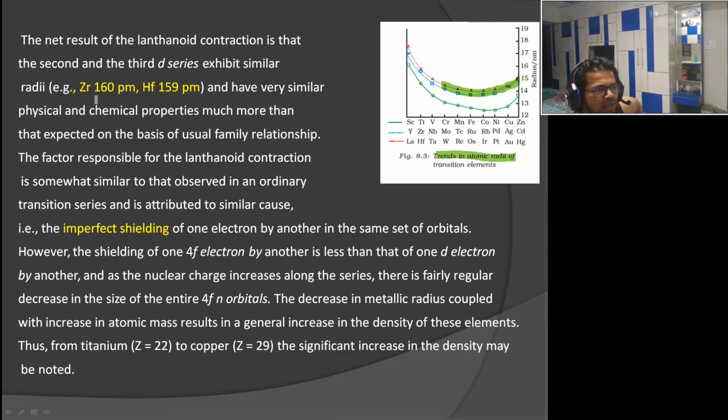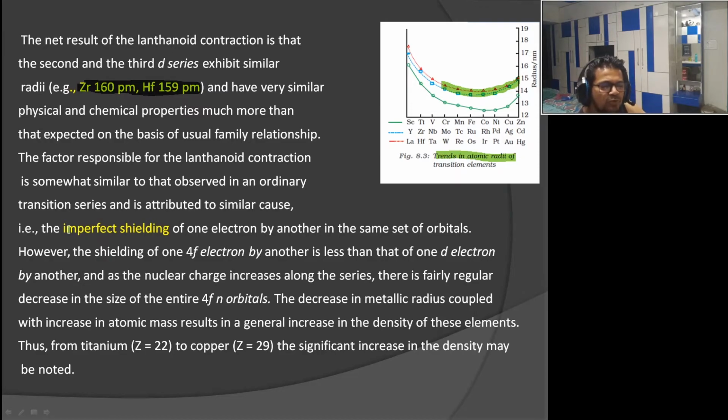Alright, that's one. And here, people, they have given one pair, zirconium, hafnium. I told you there are totally 4 pairs: zirconium, hafnium; then molybdenum, tungsten; niobium, tantalum; and one more pair, technetium and rhenium. 4 pairs of chemical twins. This is all about the poor shielding effect, because the d and the f block, f shows the least shielding.